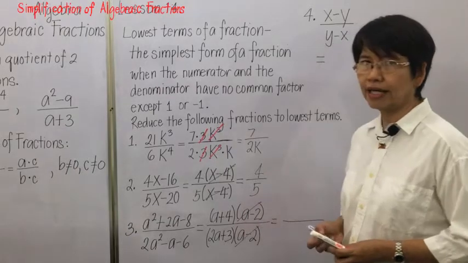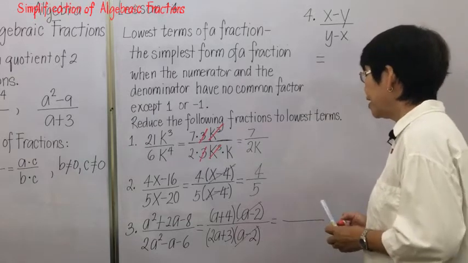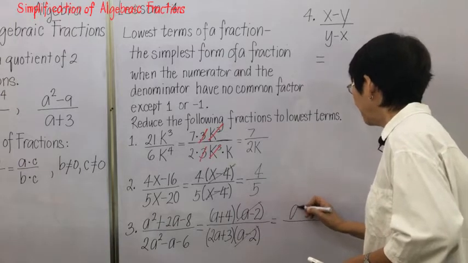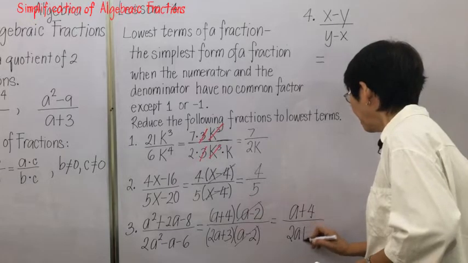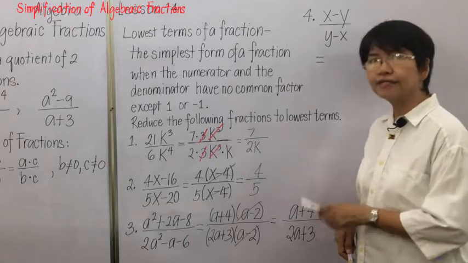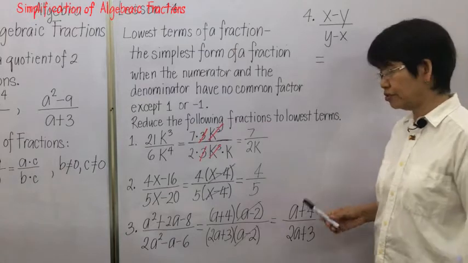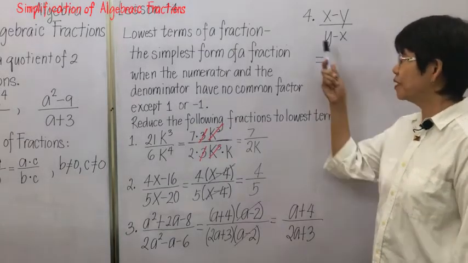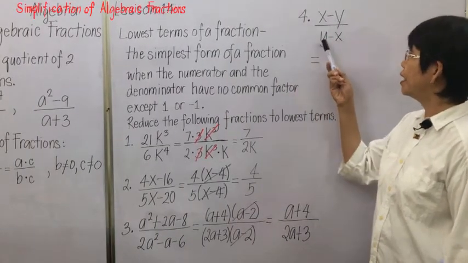So that cancels. So we have a plus 4 over 2a plus 3. And in this case, there are no more common factors between the numerator and the denominator, except 1 or -1.